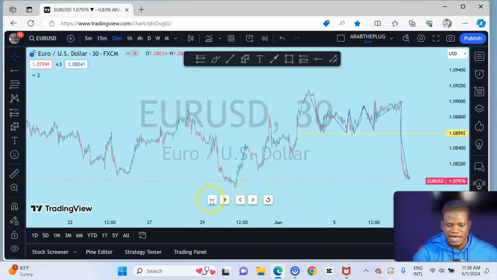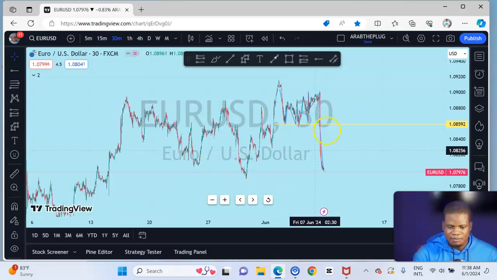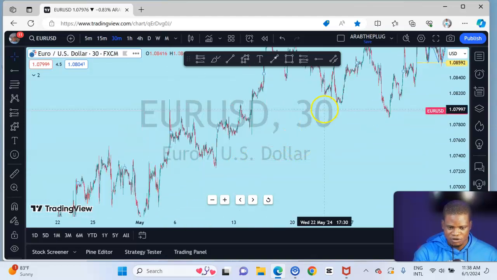Support is more like an area. So if you are trading, if you are analyzing the market, anytime price comes to this area during this particular price movement, you look for opportunities to buy. You are not actually buying immediately because sometimes support gets broken, but you look for opportunities to buy. That is more like an area of support.